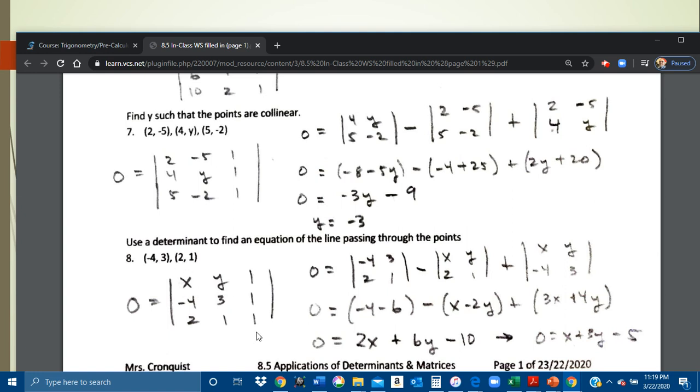I'm going to use column 3 because I can. So column 3, I've got 0 times -4, 3, 2, 1. So -4 times 1, -4 minus 6 minus, now because it's plus minus plus, minus x, y, 2, 1.